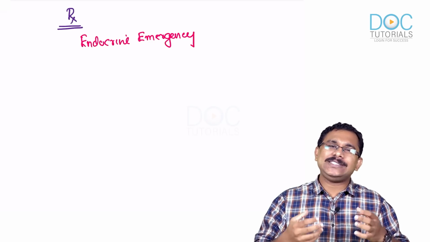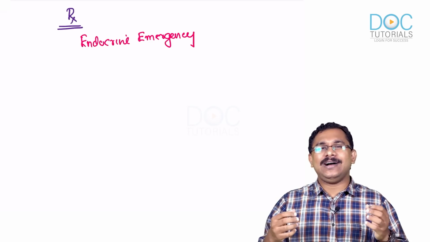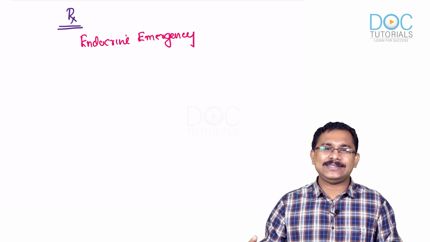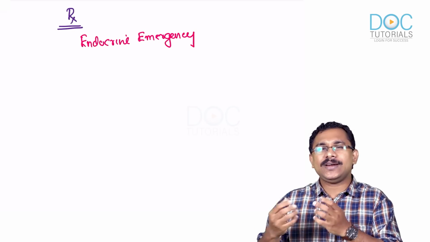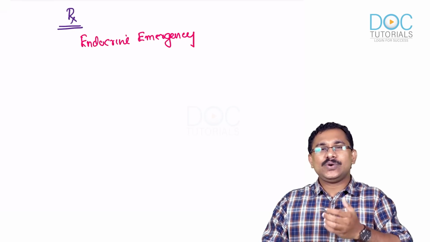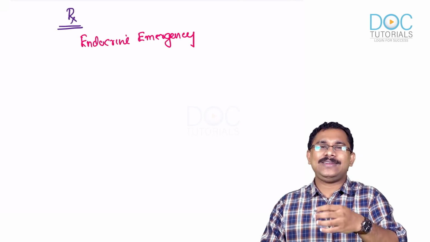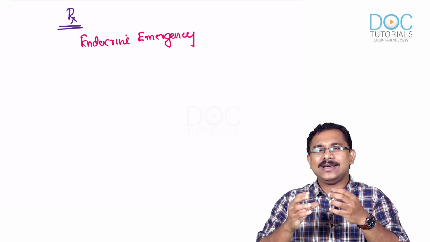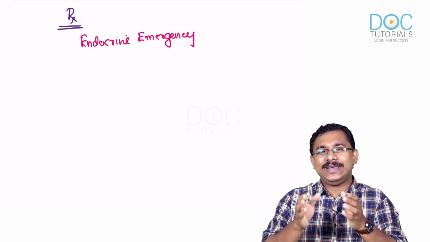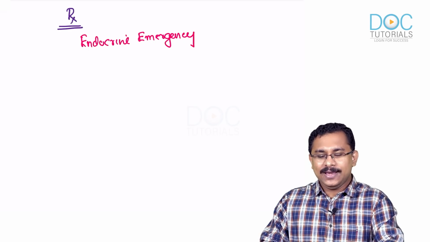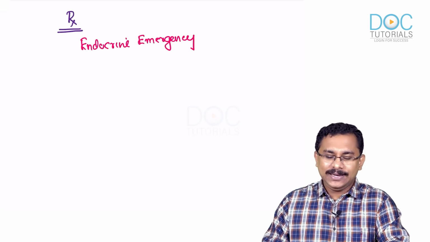And these complications are more commonly seen in elderly individuals who already have other comorbidities. Okay, maybe associated coronary artery disease. So especially if you are dealing with someone who has an underlying comorbidity like coronary artery disease, the management again has to be very stringent and you have to be very careful. Okay, so let's see the management part.